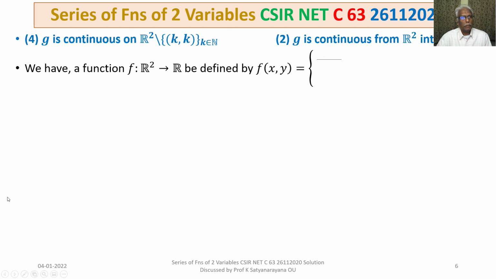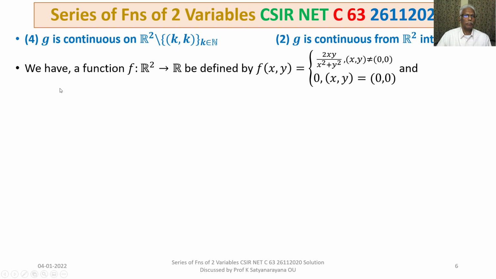Now we take options 4 and 2. Option 4 says g is continuous on R square minus the set of all ordered pairs (k, k), k belongs to N. And option 2 says g is continuous from R square into R. So one of them may be true or both of them may be true.